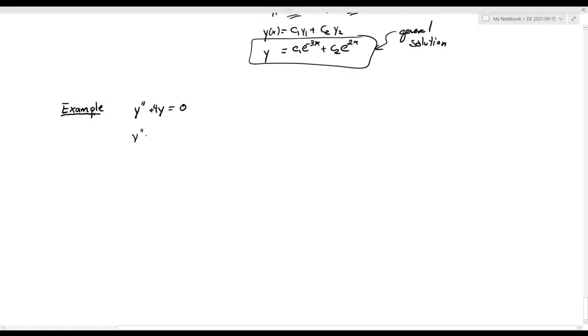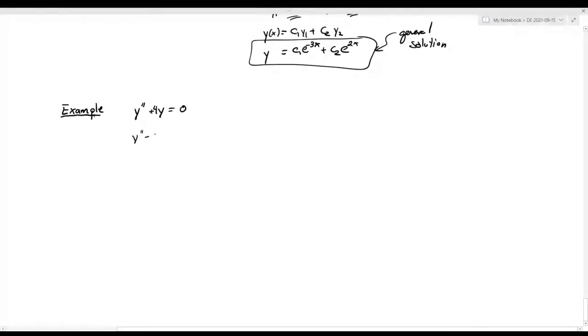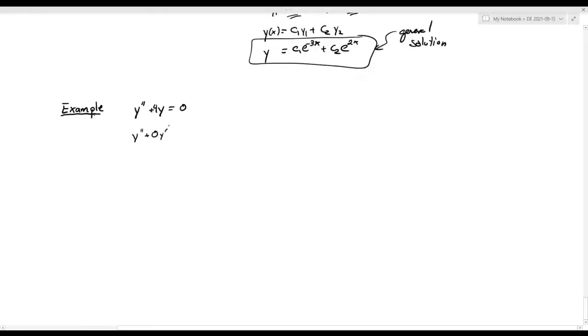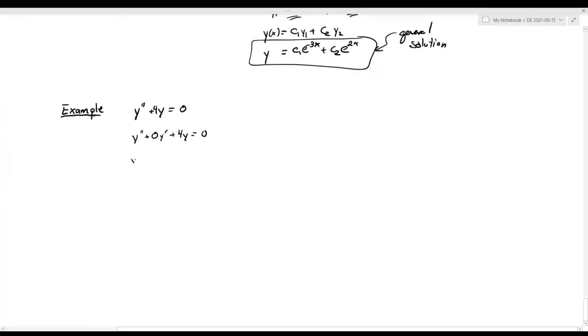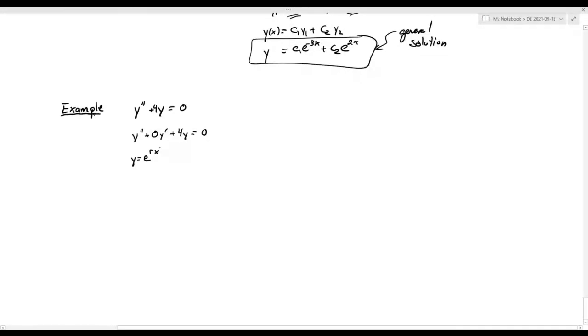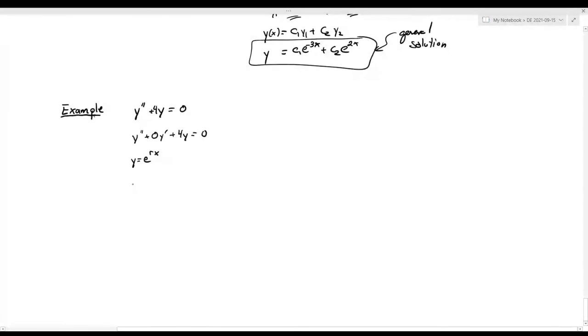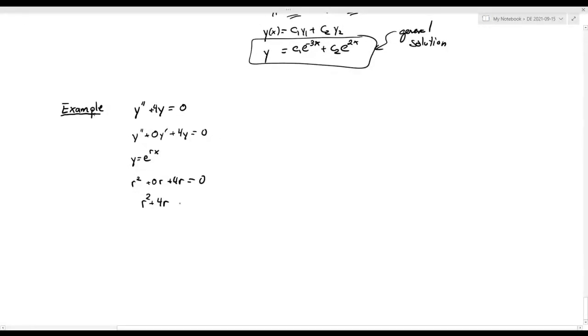So this is a second order linear differential equation with constant coefficients. We can assume that solutions look like e to the rx. And so the characteristic polynomial becomes simply r squared plus 4.